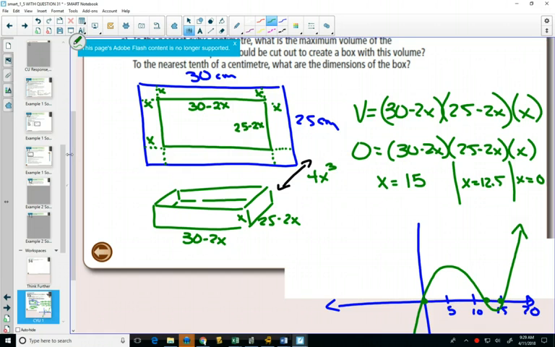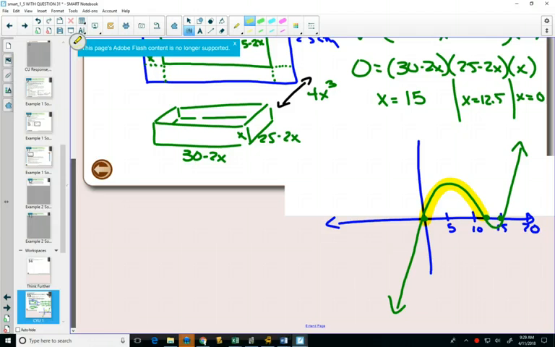And so the only part that makes sense is this section between 0 and 12.5.